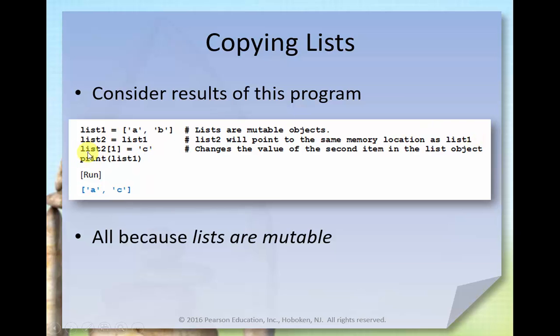So if we take list 2 and change subelement 1 of that list to a C, which would have been a B, and then print not list 2 but list 1, aha. They're pointing to the same location in memory, and the operations we do on list 2 also affect list 1 because lists are mutable.